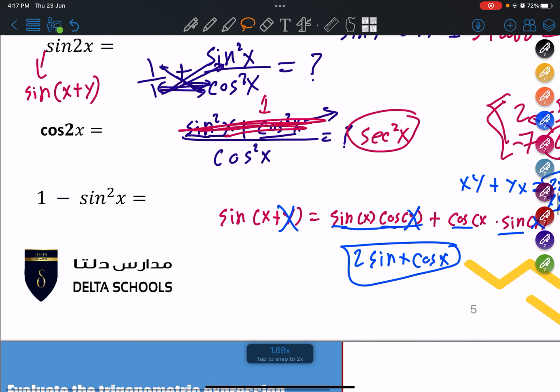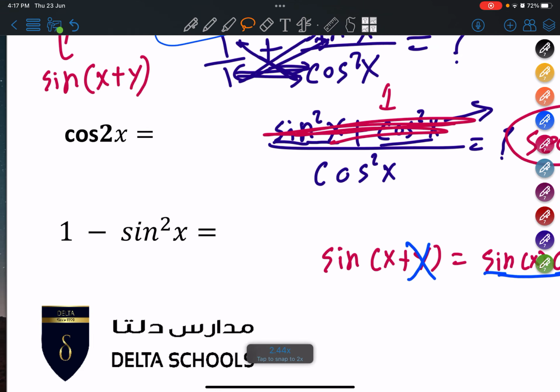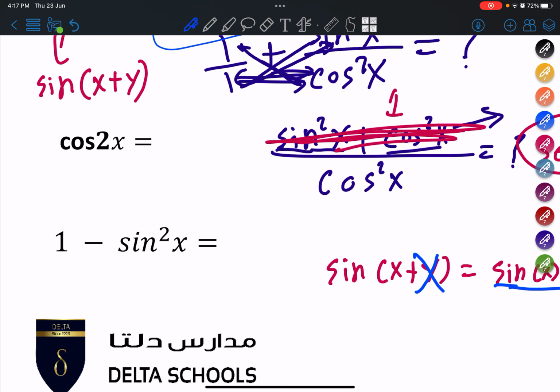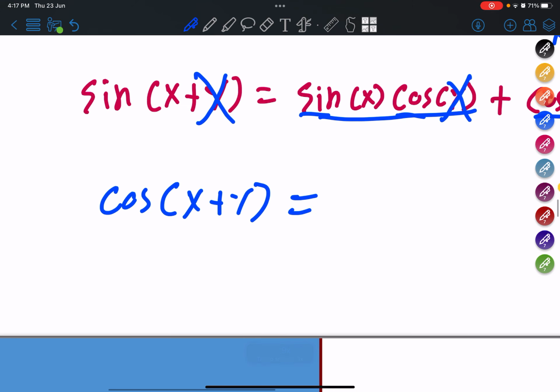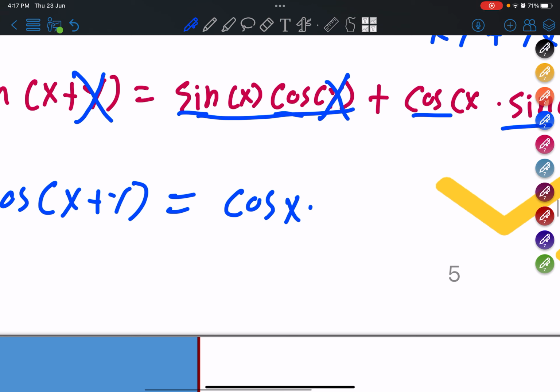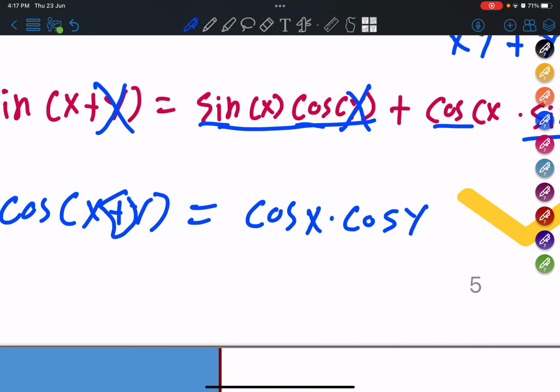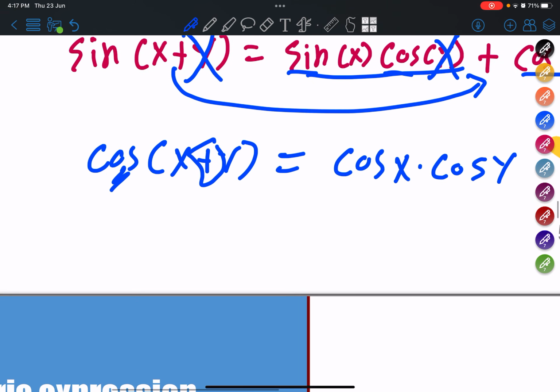Let's just put it there, so it makes sense, it's smaller. Okay, so what is cosine 2x? Same exact idea. So cosine of x plus y, just like with the first one, will equal cosine x times cosine y, but this time we'll take the opposite sign. In sine, we took the same sign, but with cosine, we'll take the opposite sign.